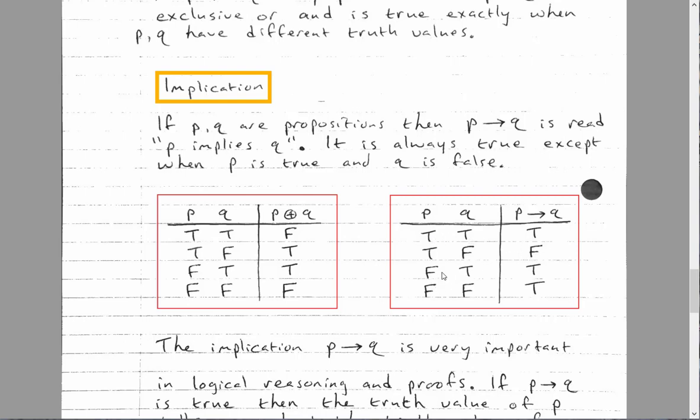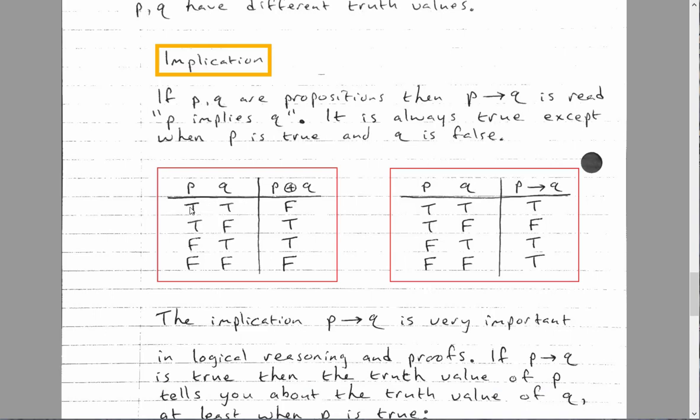And also, this may be a confusing case: if something is false, then it always implies something else. So if P is false, then the implication is also always true. And here again, this is the exclusive OR, so this one's true only when P and Q take different truth values.